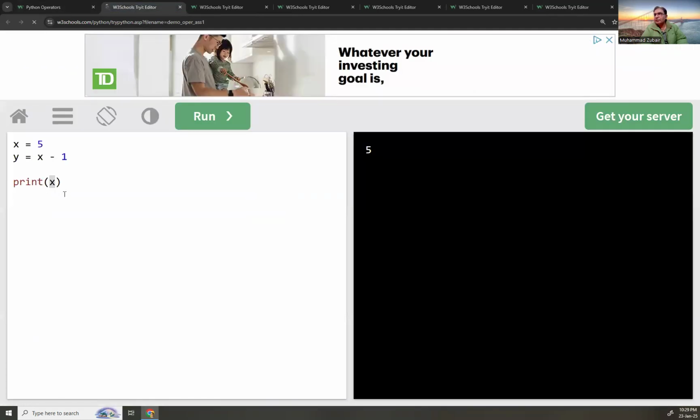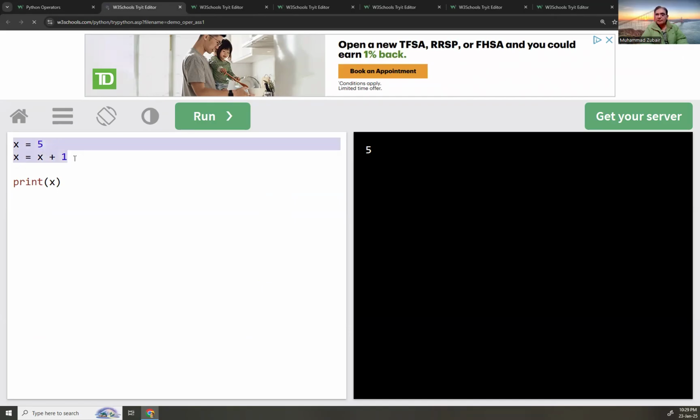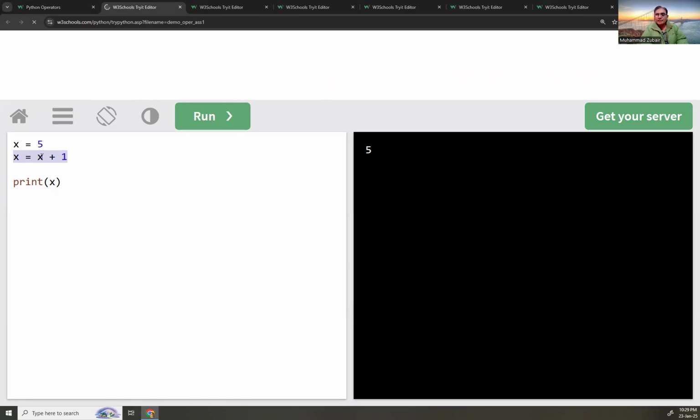Here the value of x is 5 and then now the value of x is 6. So this is important, the second line. x is a variable and its value is x plus 1, right? There is another way of writing this line.